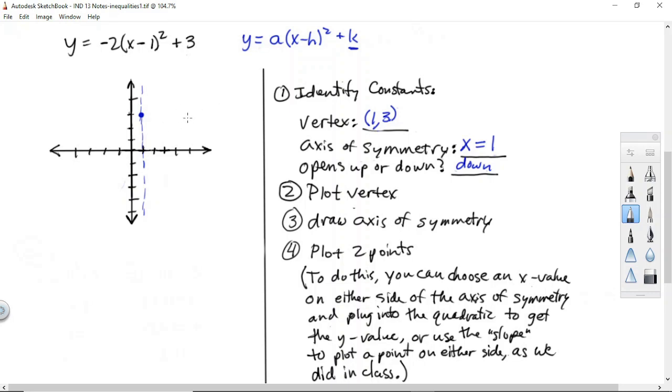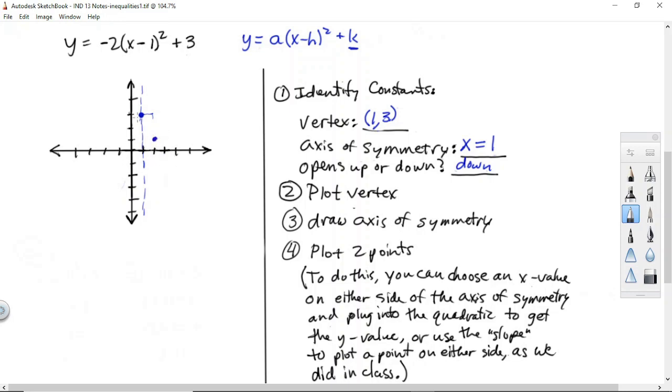So remember the other day we looked at a, it's -2. So we said, from the vertex we can go over 1 in each direction and then down by 2, since it's negative in this case. And that gets us right here, and about right here.